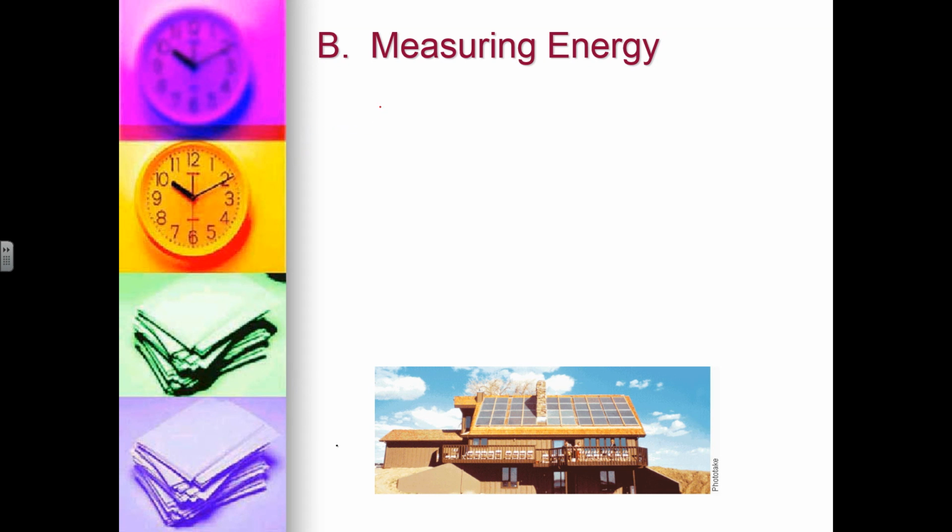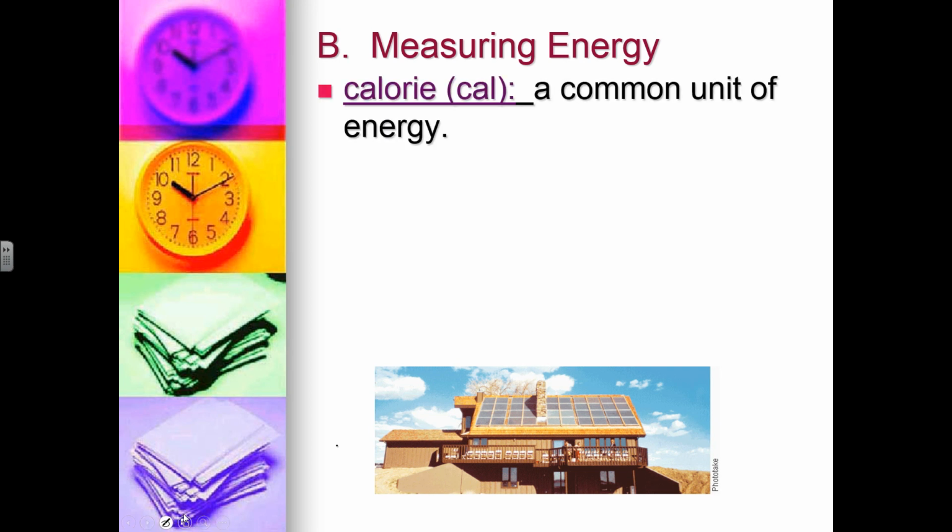Now, how do we measure energy? Chemistry is a quantitative science. So in this unit, we are focusing on measurement and quantities. And so the first measurement we're going to look at here is how we measure energy. One common unit of energy is called the calorie, and it's abbreviated cal.